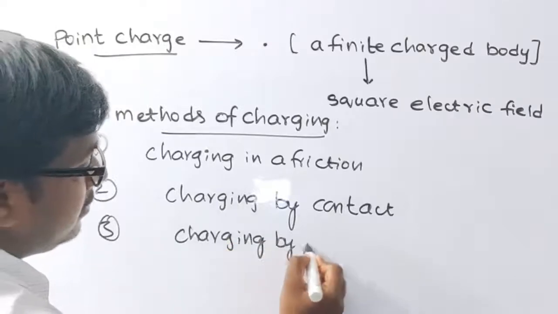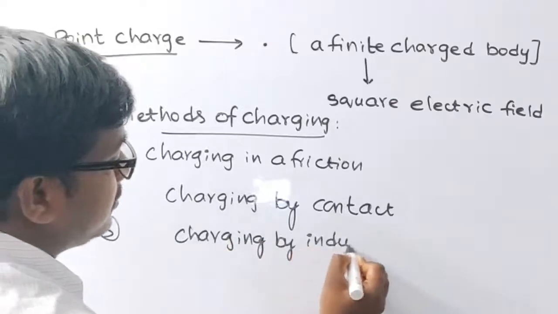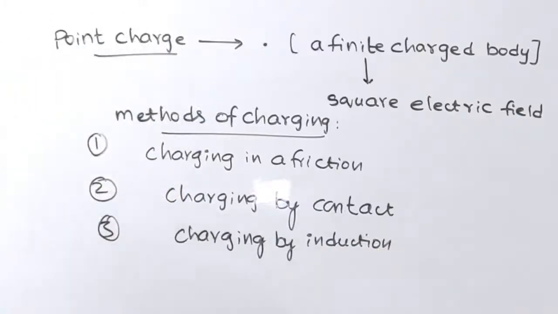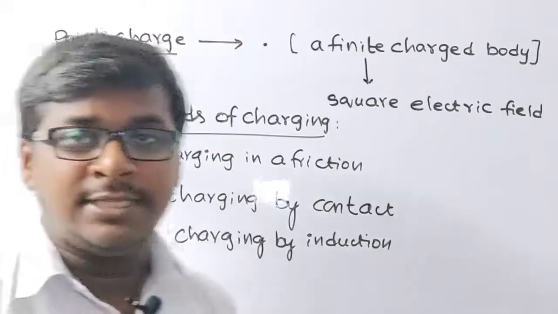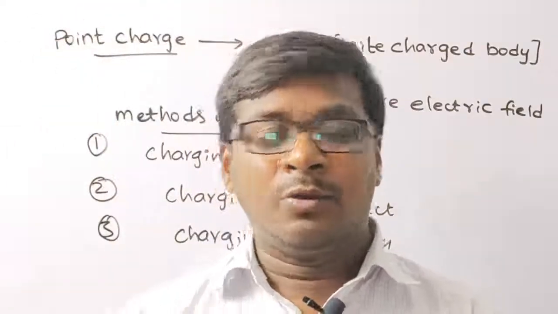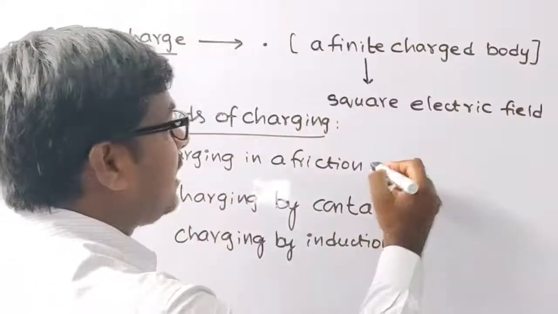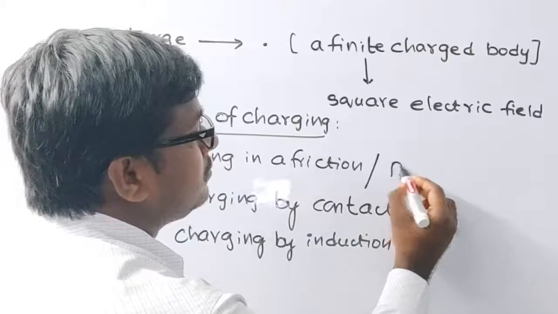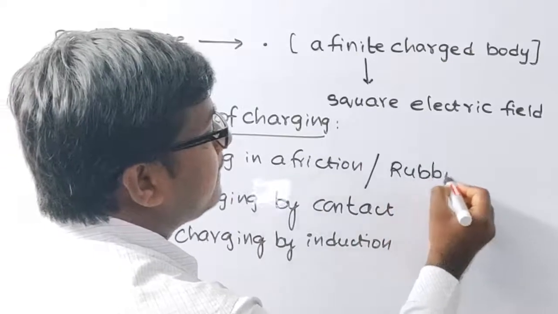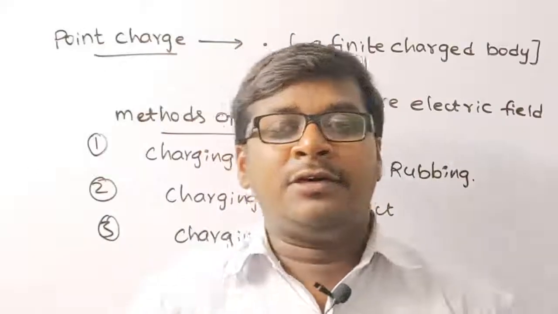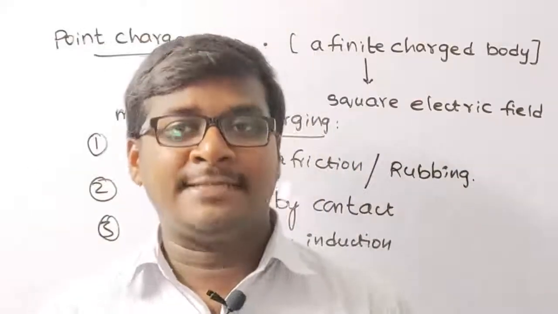Okay, these are the three methods of charging. The first one is charging by rubbing, or frictional electricity, or charging by friction. Let's give some daily-life examples.